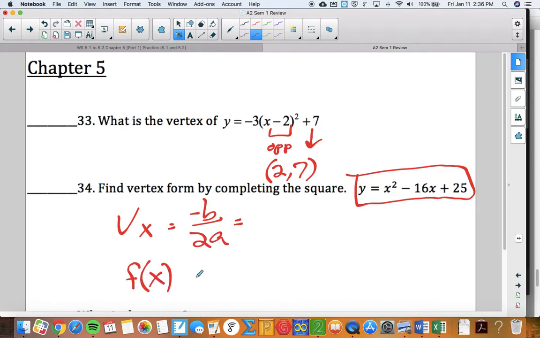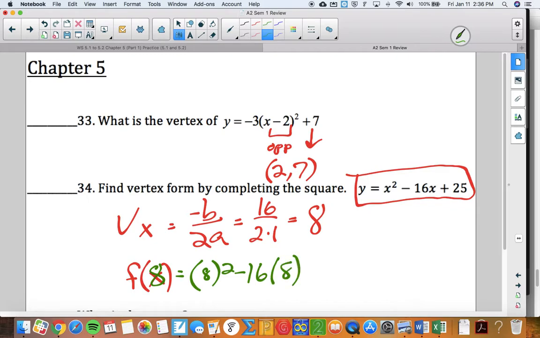into the function. So the opposite of b is 16. 2 times a is 2 times 1. So we get 8. So now let's plug in 8 into this function. So we get 8 squared minus 16 times 8 plus 25 equals some number, and then we put that number in our coordinate pair with the 8 for x.